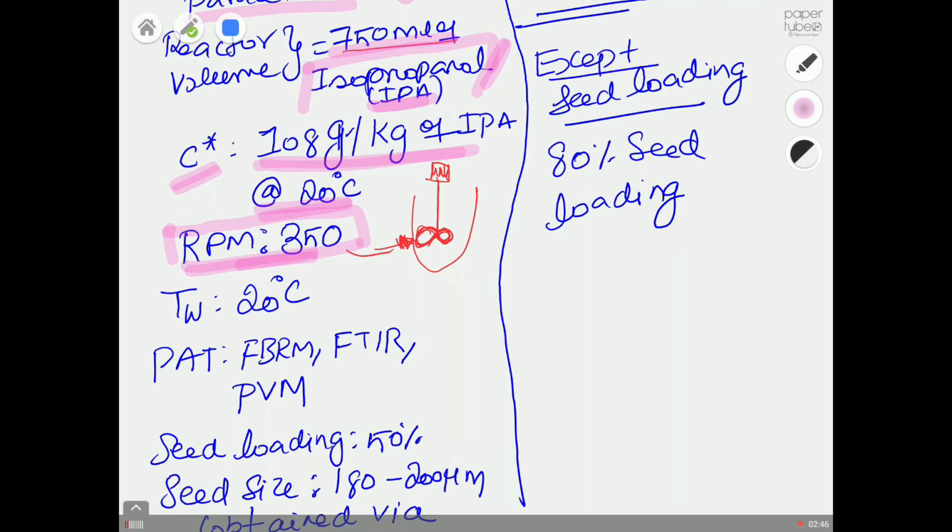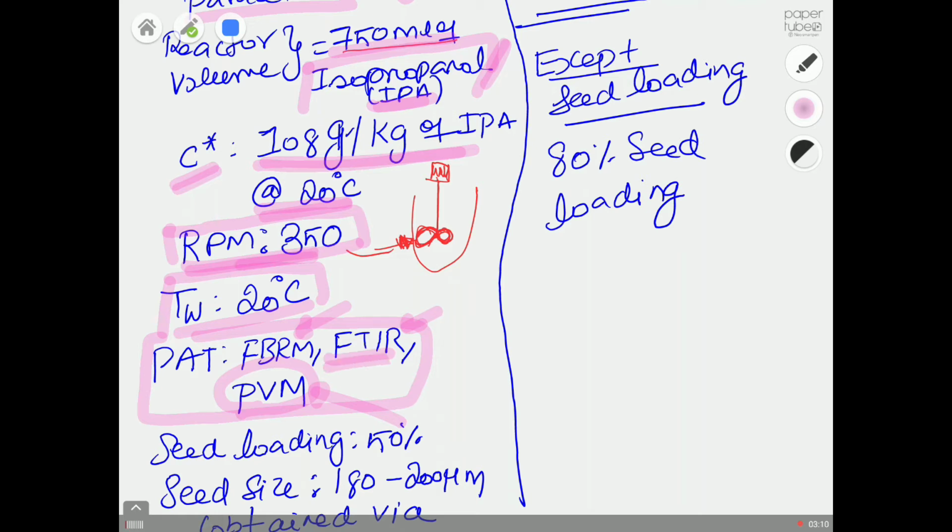And then this is our working temperature. We are going to grow the crystals at 20 degrees centigrade. And then we used these 3 PAT tools: FBRM, FTIR, and PVM. PVM is to capture the images at micron scale.